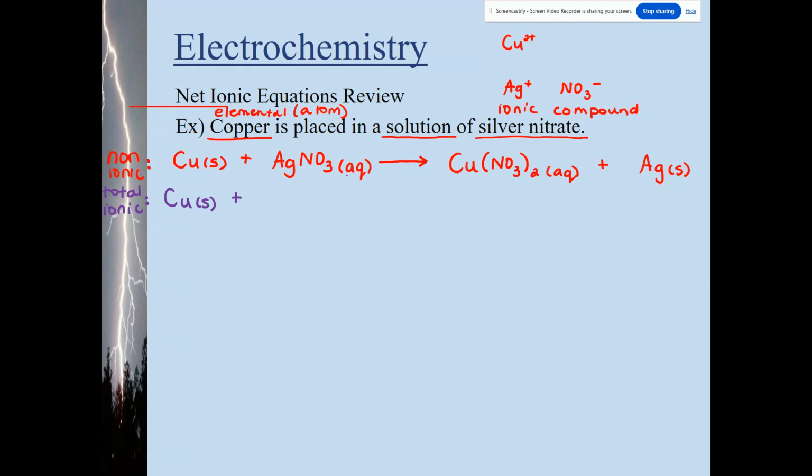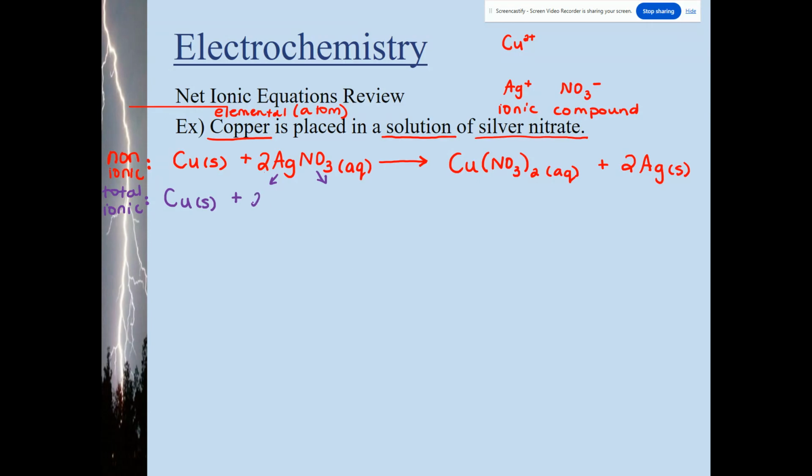As we said, it was aqueous. And remember, soluble ionic compounds not only dissolve, they also dissociate. Actually, sorry, I just realized I forgot to balance my reaction. I need 2 nitrates, which gives me 2 silvers on both sides. There we go. Okay, so I need to show this compound dissociating into free ions.